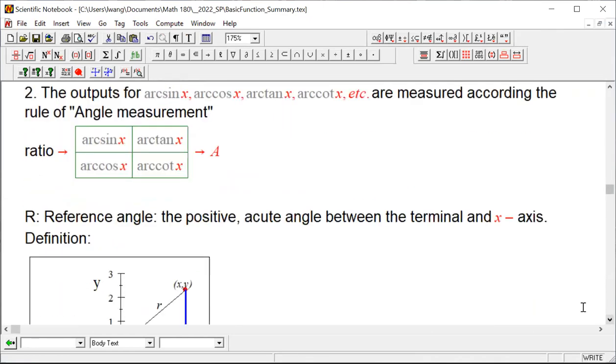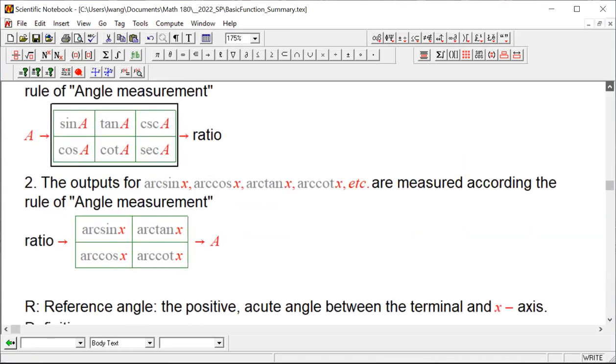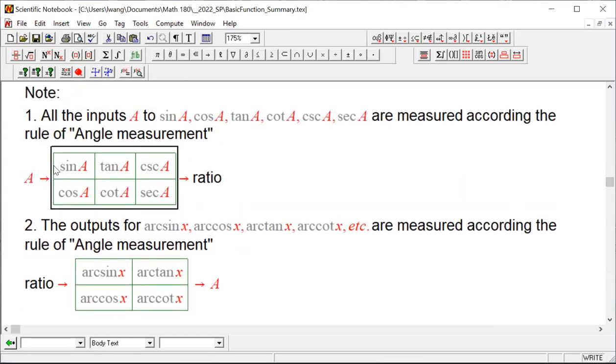The input for sine, cosine, tangent, cotangent are angles, and the output for the arc functions are angles. The output for sine, cosine, tangent, cotangent, secant, cosecant are ratios, and the input for the arc functions are ratios, and the output, of course, are angles.